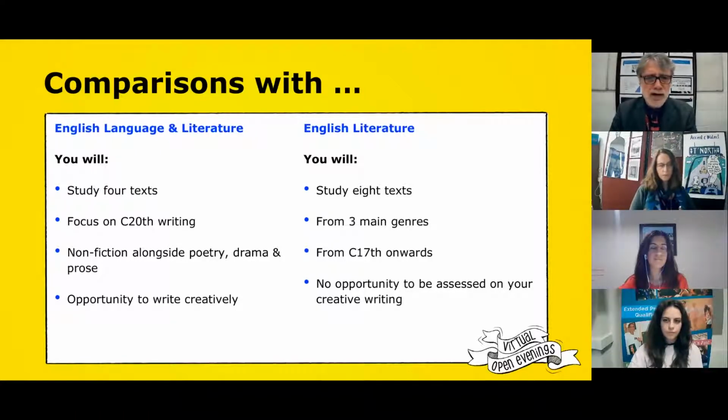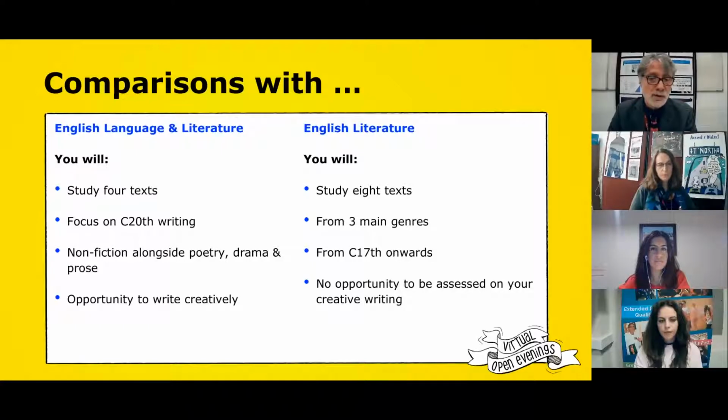Whereas with the combined, they do 20th century writing. They look at some American texts like The Great Gatsby. Whereas in English literature, you study everything from Shakespeare to modern day poetry. The English language combined does also give you an opportunity to write creatively.